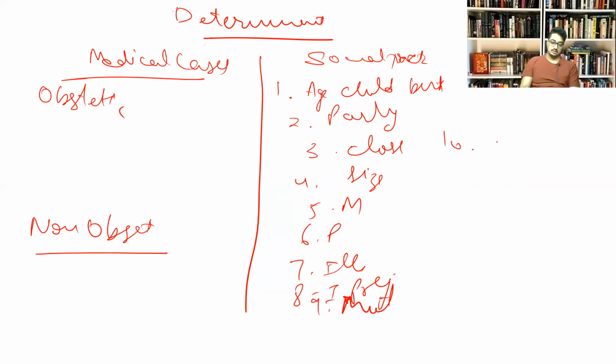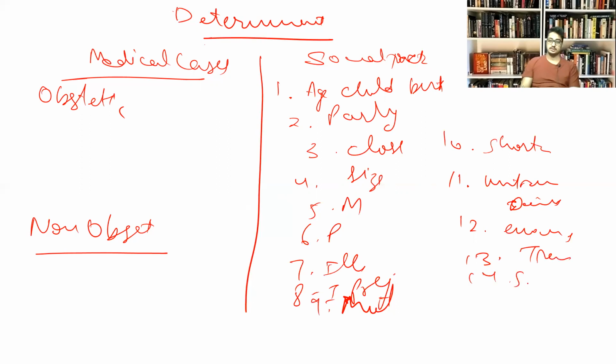Tenth is shortage of health manpower. Eleventh is delivery by untrained persons. Twelfth is poor environmental sanitation. Thirteenth is poor transport facilities, and fourteenth is social customs that hamper maternal survival.